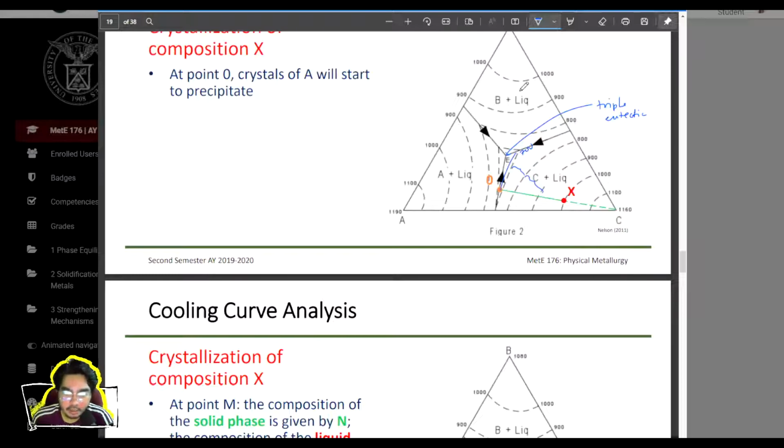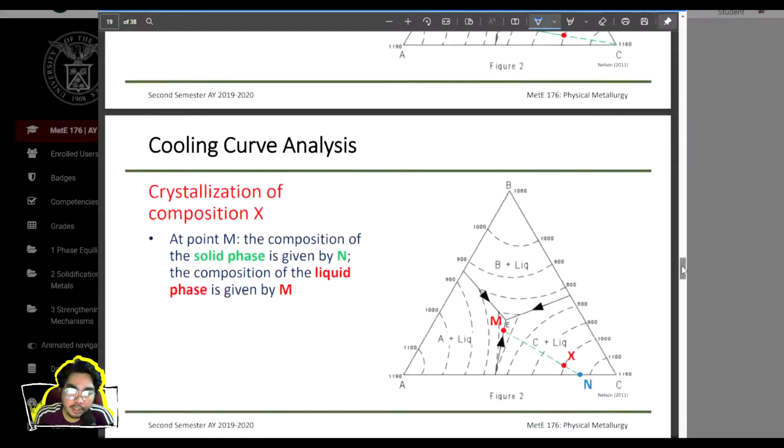So let's just say 670. So at 670 degrees Celsius, you now begin to form particles of A. So A is precipitating out.